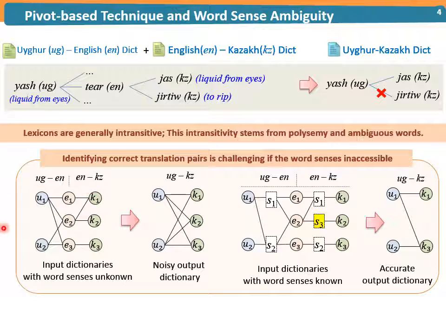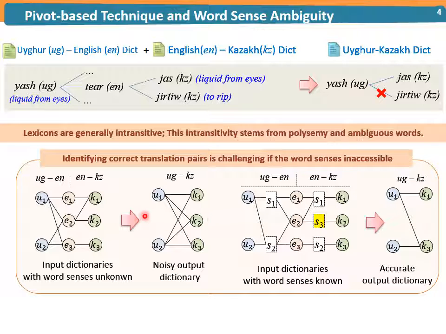Let's have another example. This is a real pivot graph for real dictionaries, in which there are 2 Uyghur, 3 English, and 3 Kazakh words, and which produces a new dictionary containing 6 pairs. And let's observe the senses. When we observe the senses, neither U1 nor U2 should be paired with K2 because they have totally different senses.